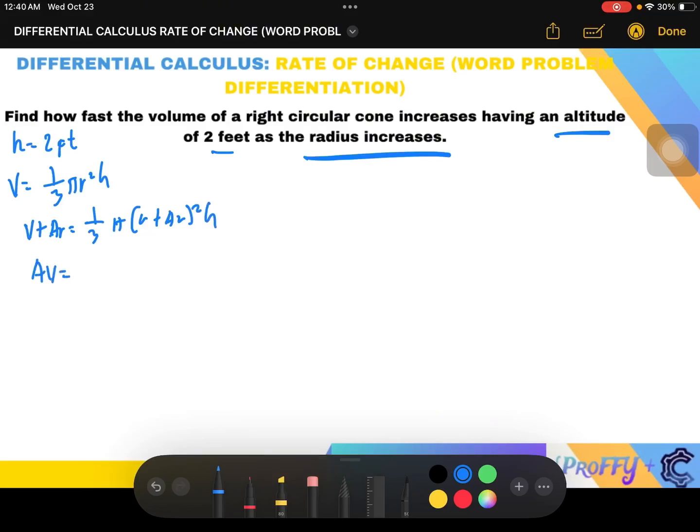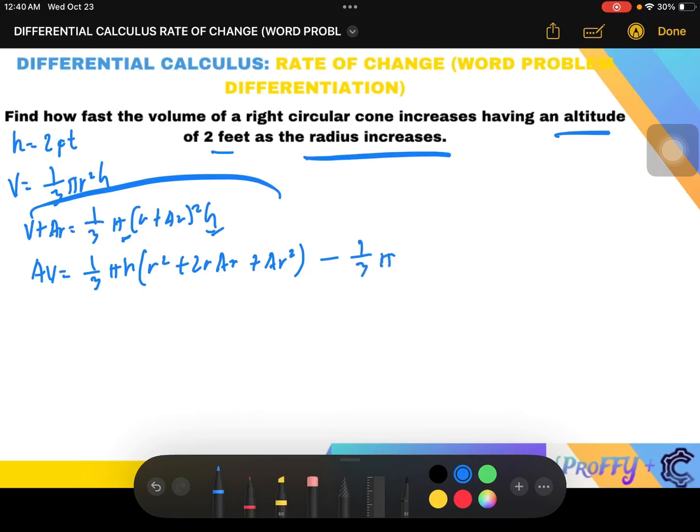So the delta v is equals to what? 1 over 3 of pi, then multiply the h and pi, magkasama na nun sila, r squared plus 2r of delta r plus the delta r squared, then minus, so transpose the v, which is the 1 over 3 pi r squared h, guys. So ito yun. Gets? So next is distribute sila isa-isa, guys.